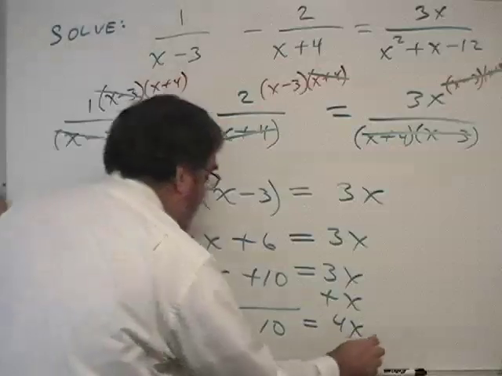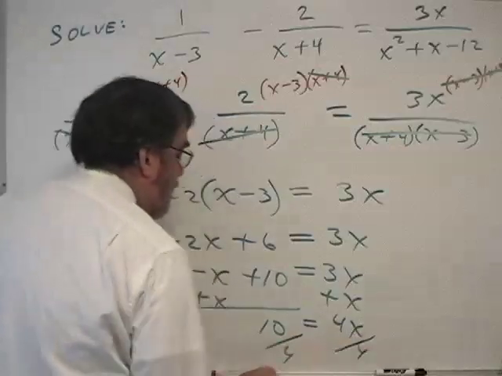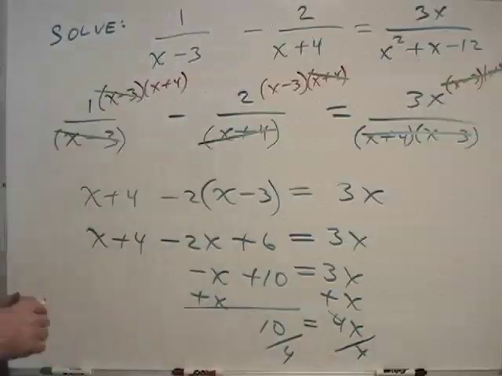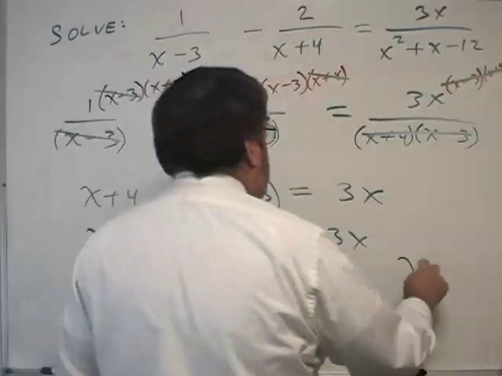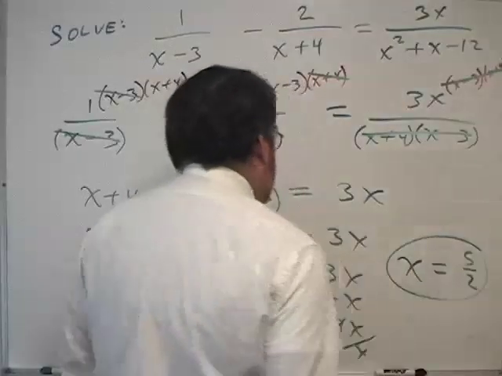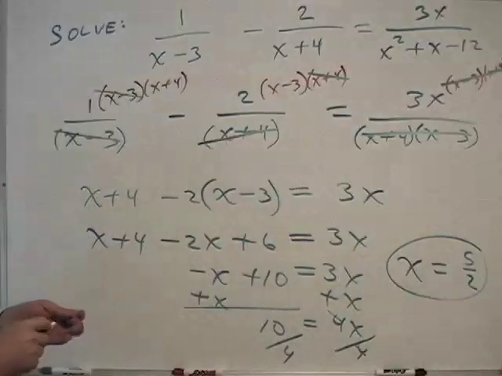And then divide by 4. So x is equal to 10 fourths, but we can reduce 10 fourths. 10 fourths is 5 halves. So x equals 5 halves. There we go.